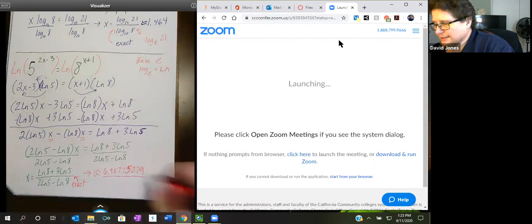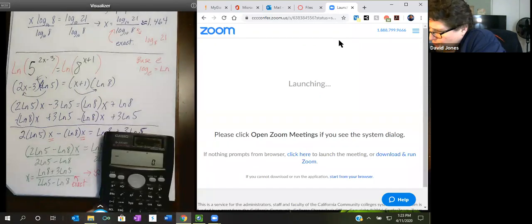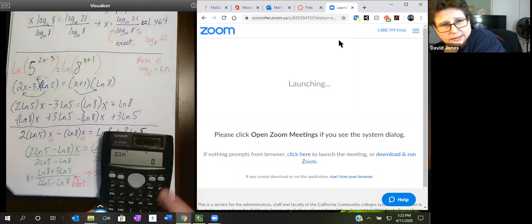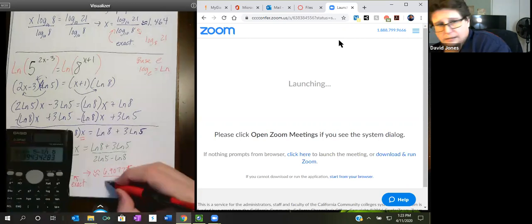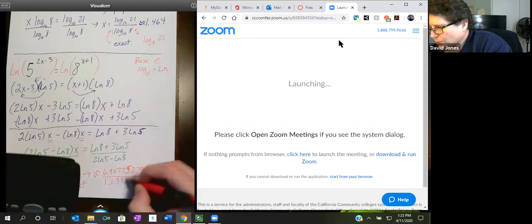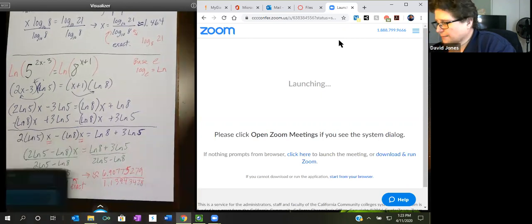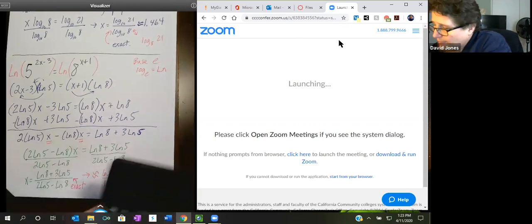Let's see what the bottom is. 2 natural log of 5, minus natural log of 8. That's the bottom and top separately. I'm going to leave that in the answer.